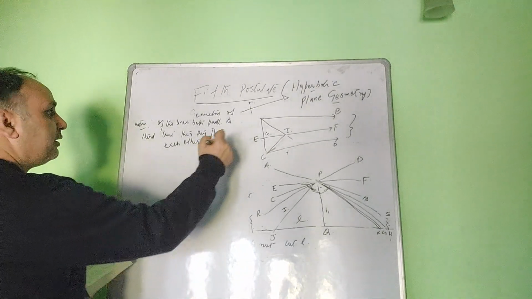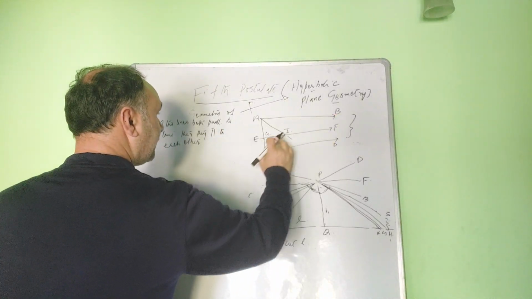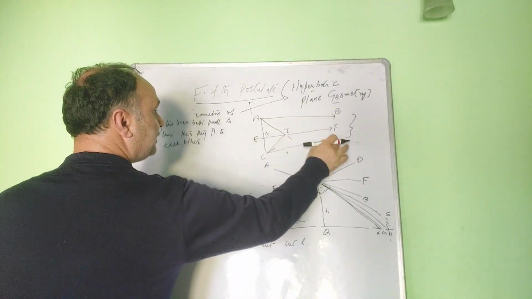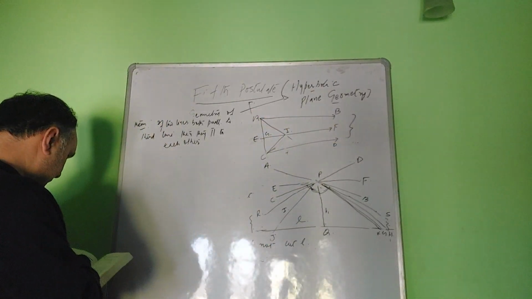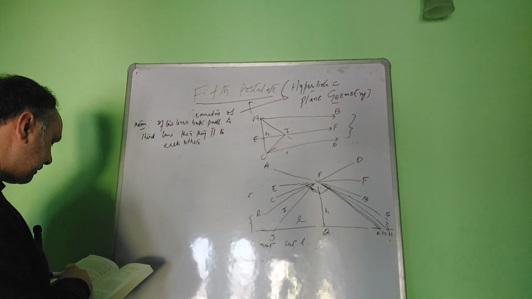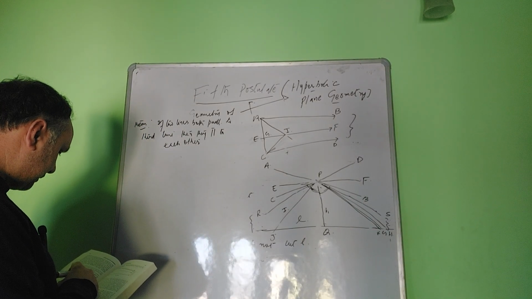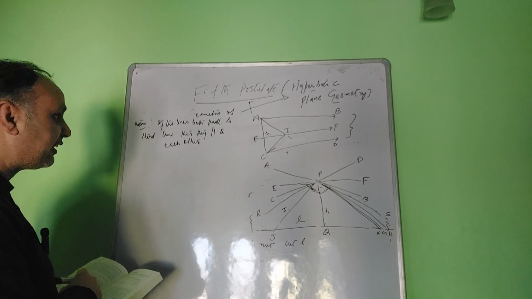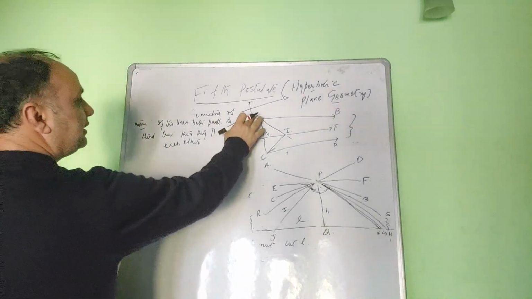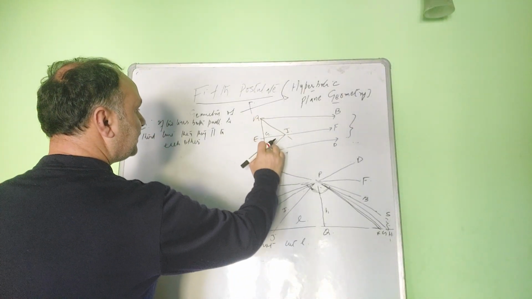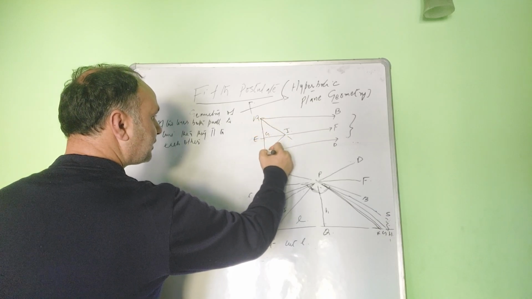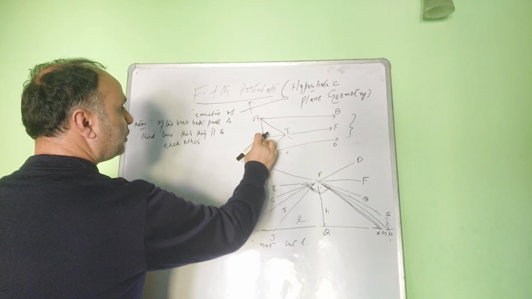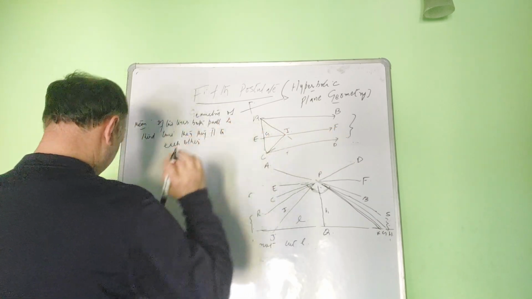So let AB and CD both be parallel to EF, in the same direction. And let AC cut EF at G. So AC cuts line EF at point G. This is fine.